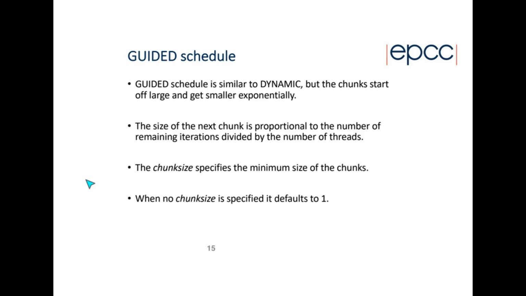A more precise specification is that the size of the next chunk is proportional to the number of remaining iterations divided by the number of threads. The constant of proportionality is up to the implementation, but almost all implementations use a half. So the size of the next chunk is the number of remaining iterations divided by the number of threads, and then divided by 2 again. In this case, the chunk size just specifies the minimum size, and again, it defaults to 1.